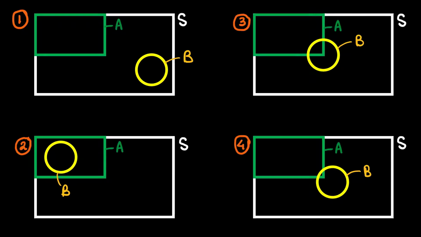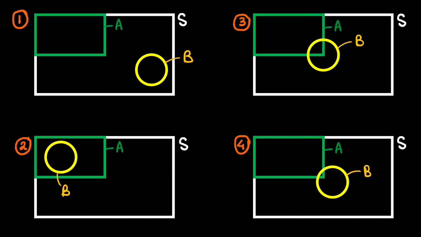So here's the question. In which of these 4 sample spaces are A and B statistically independent? So take a moment to think about that. And let's go through each of these.